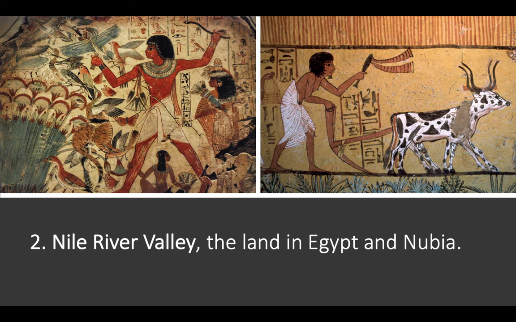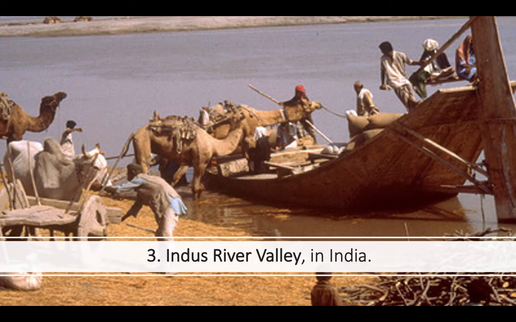They obviously had fish because of the Nile River. They had cattle. And like this picture on the left shows, this painting, they also had birds. So we can even see how important the birds were to the Egyptian culture at the time.